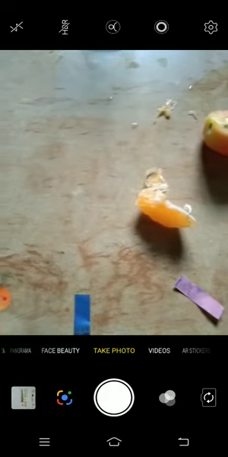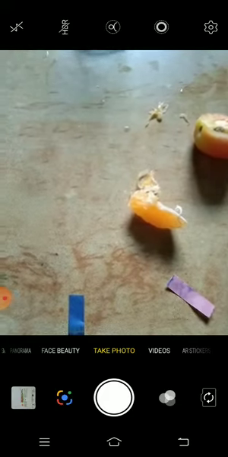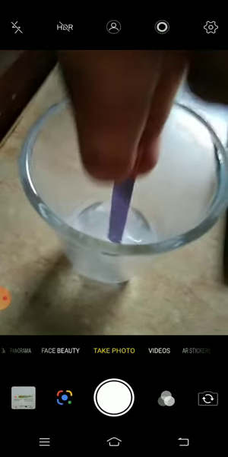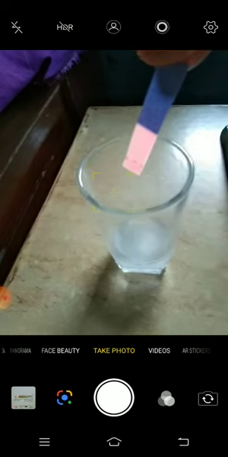This is the piece of lemon. This is oxalic acid. I am putting blue litmus paper into this oxalic acid solution. See here, it has changed into red. It is clear for you.